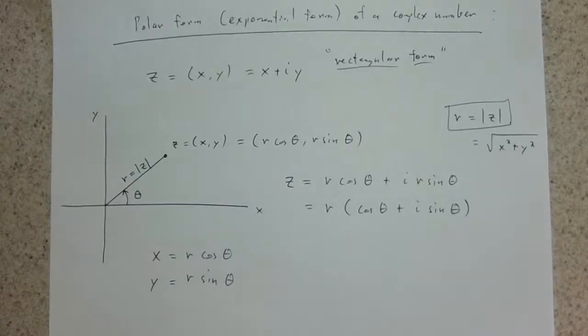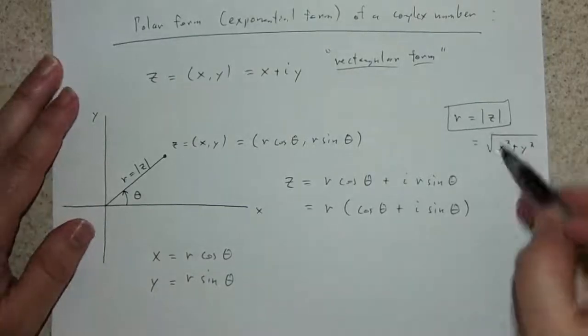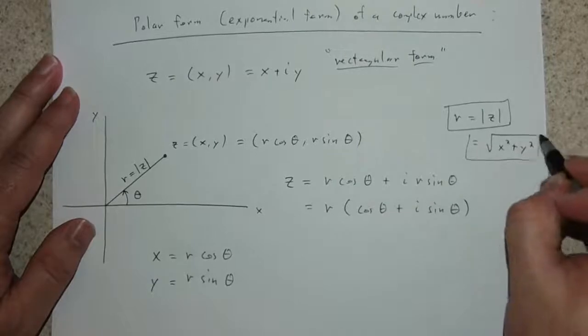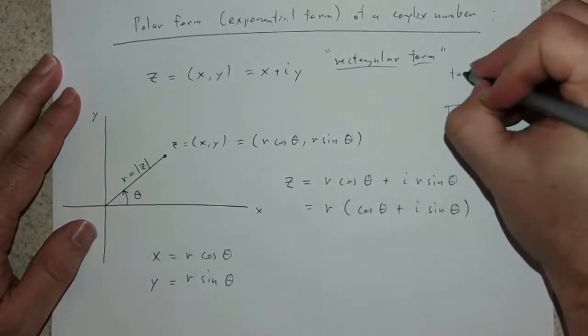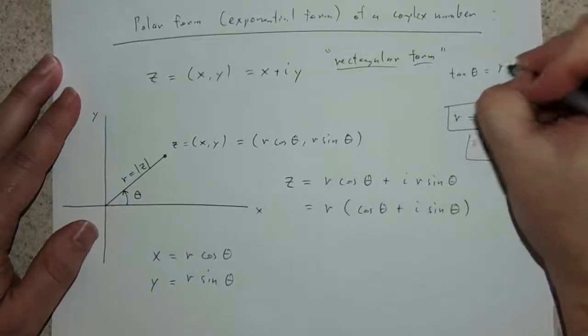And so there's some non-uniqueness involved in this angular value, which is always the sort of thing that comes up when you're dealing with trig equations. Since r is determined in terms of x and y from this, how do you determine theta? You might recall that tan theta is y over x.